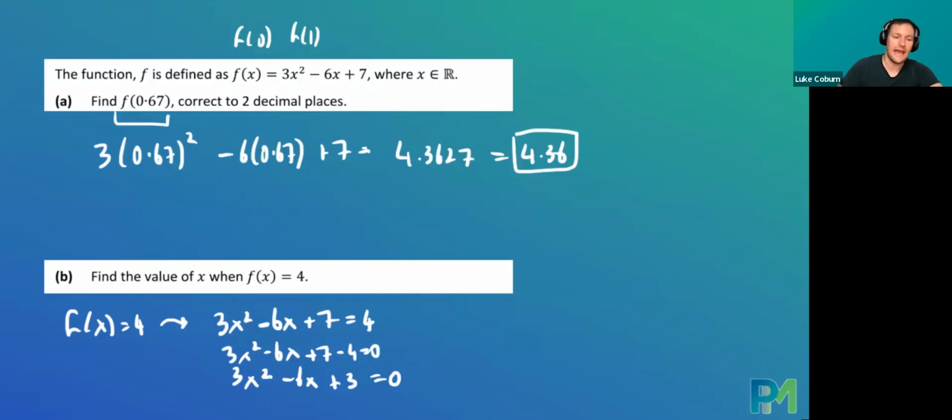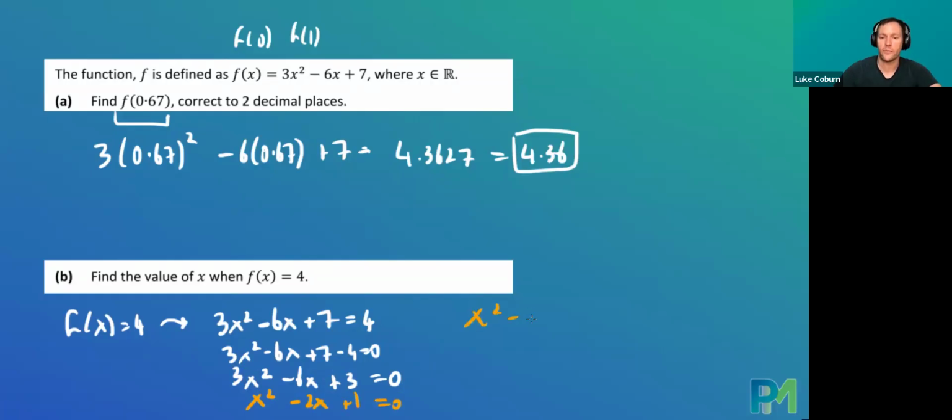Okay, so this is what always happens in maths, and I said this last time, we had to do a little bit of tidying up of the original expression before we could get something familiar that we can answer. And we can even go further because we see this 3 is in everything, so we can divide across by 3. We get x squared minus 2x plus 1 is equal to 0.